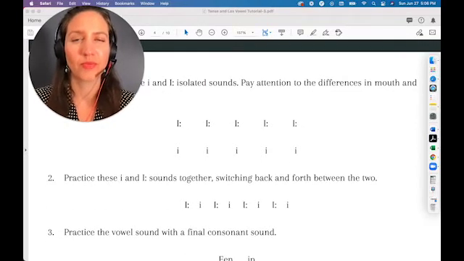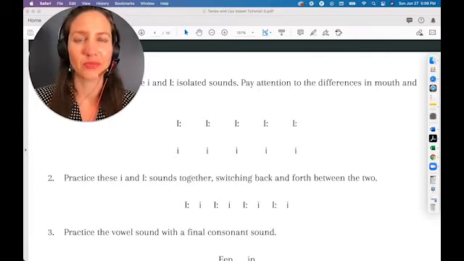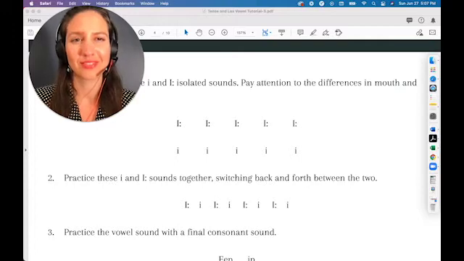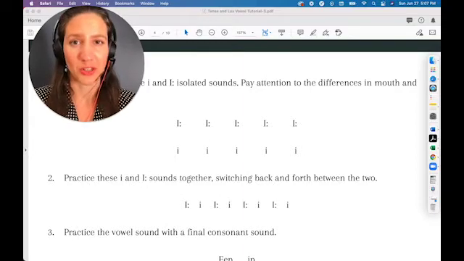E, E, I, I. Practice this many times before moving on to number 2.